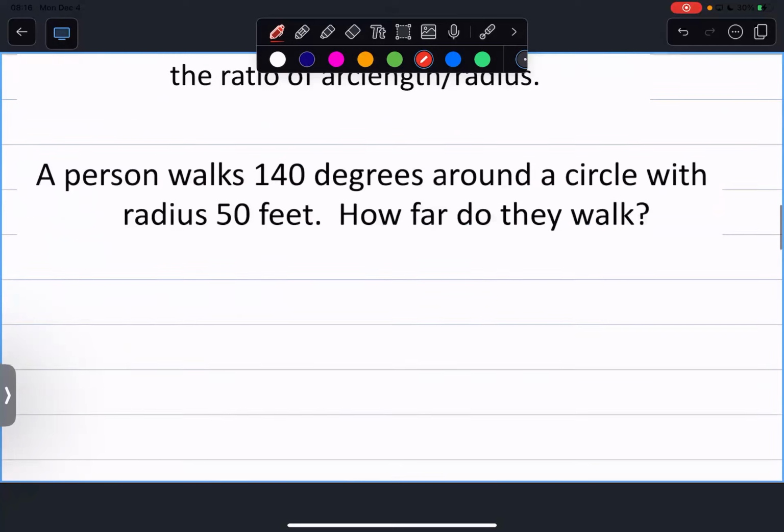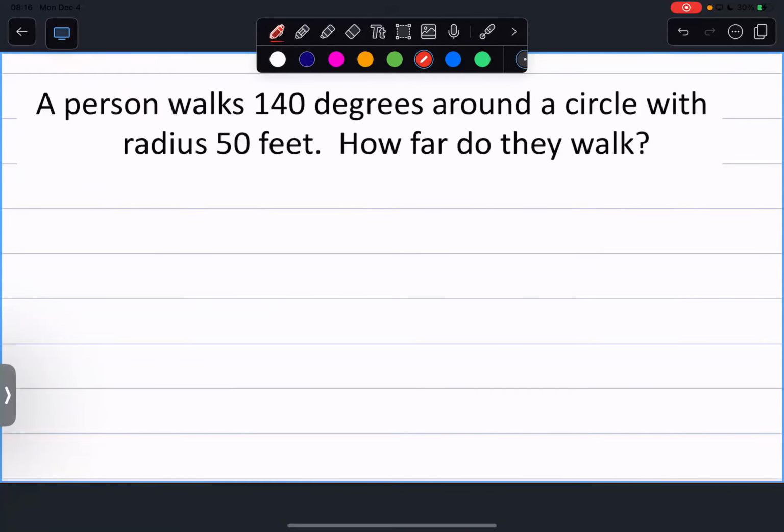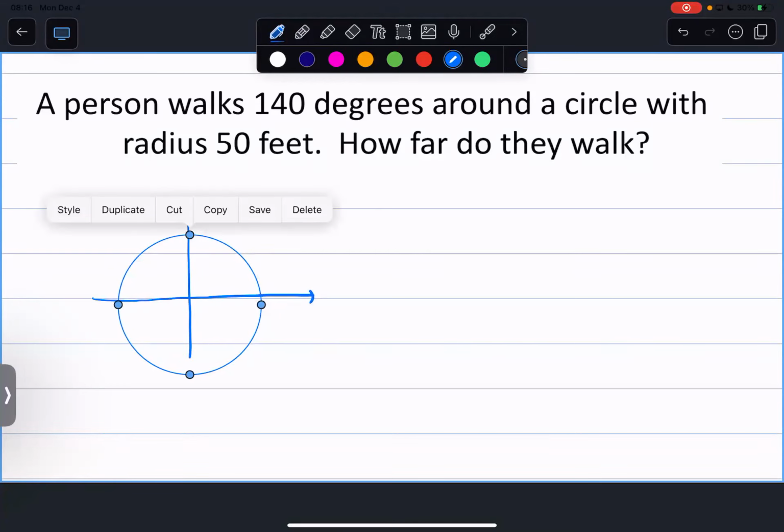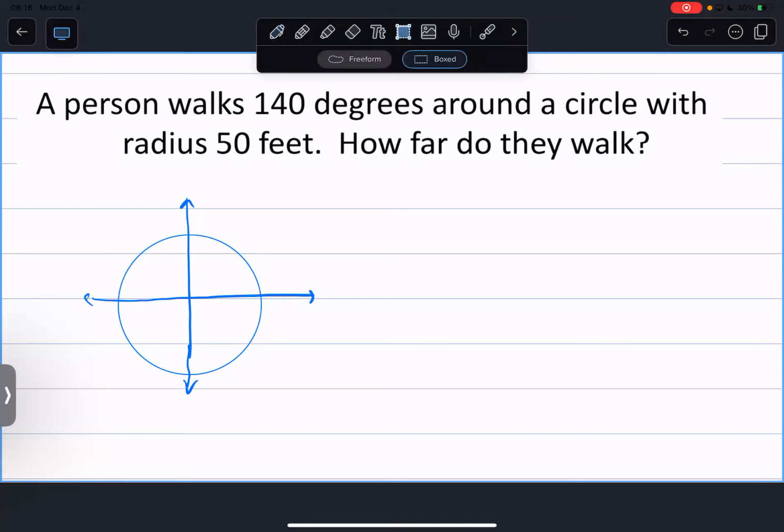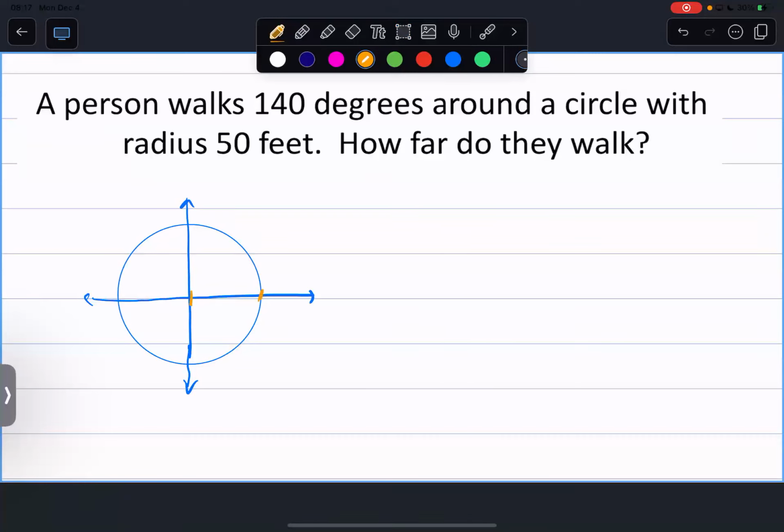Okay. Hopefully we can do this one. If a person walks 140 degrees around a circle with a radius of 50 feet, how far do they walk? Forcing the radius to be 50.